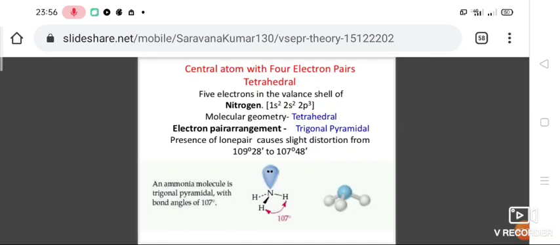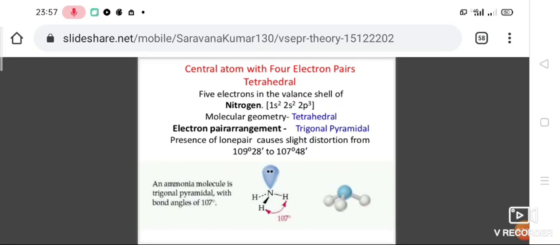So in the 4 pairs, 3 pairs will go to 3 hydrogen atoms, and 1 lone pair will be near the nitrogen. So the molecule will thus have a trigonal pyramidal shape with 1 lone pair.